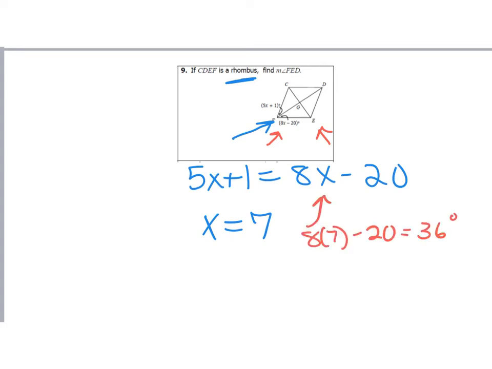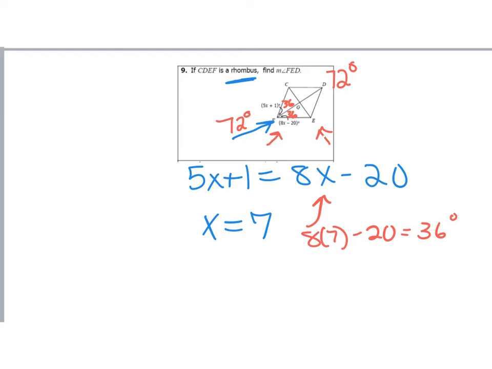All right, so when I plug it in, I get 36. So a part of this angle right here is 36, which means the other angle right here is 36, which means the total angle over here is 72.